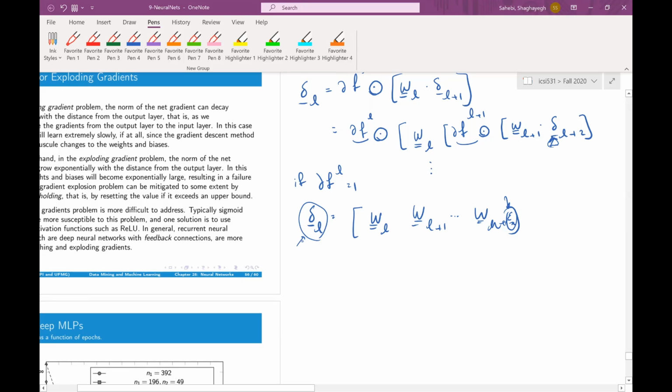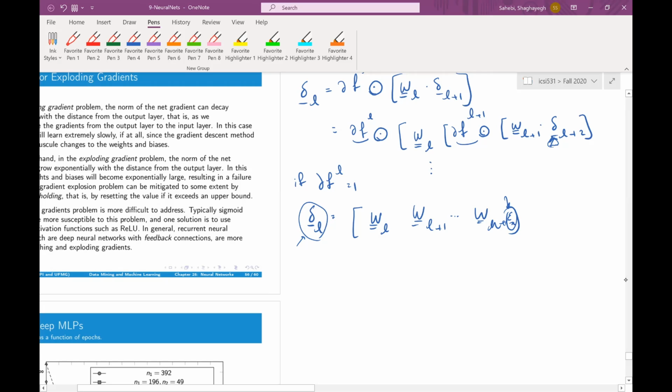On the other hand, if our W's are set in a way that they are kind of large, and in every multiplication they make the value larger and larger, eventually when we get to the beginning of the network, our net gradient is going to be too large. So these are two problems that we have when we have deep networks.